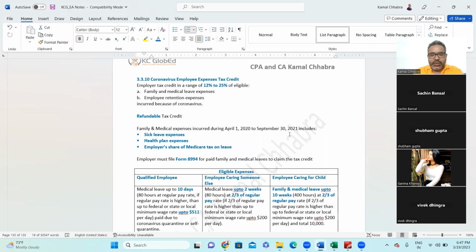So certain tax credits have been passed under the tax laws for 2020 as well as 2021. This is applicable and might be important for your examination purpose, right?